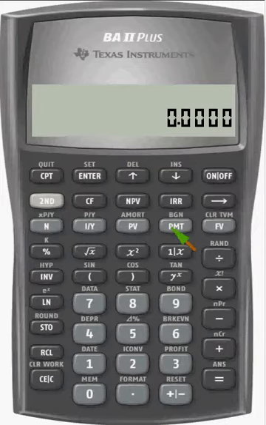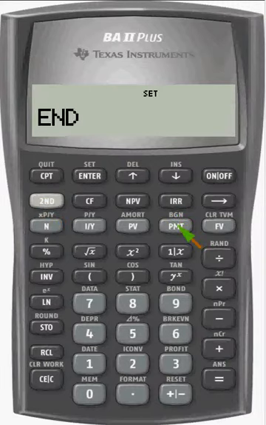To change the setting to annuity due, you change the BGN setting. BGN is above the buttons. First push the second shift key, then push the payment key. The calculator tells you the current setting is the ordinary annuity, which is END.